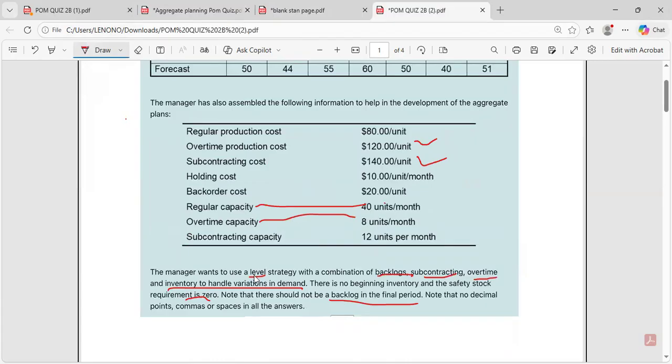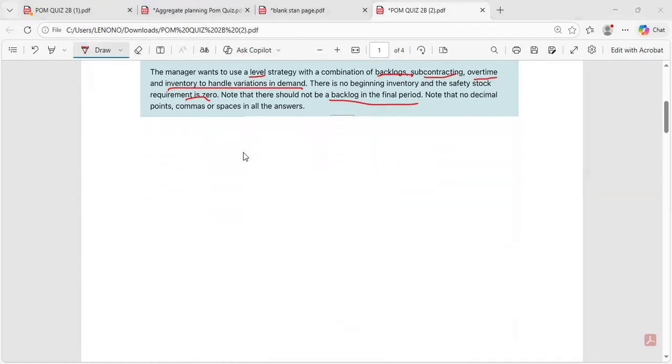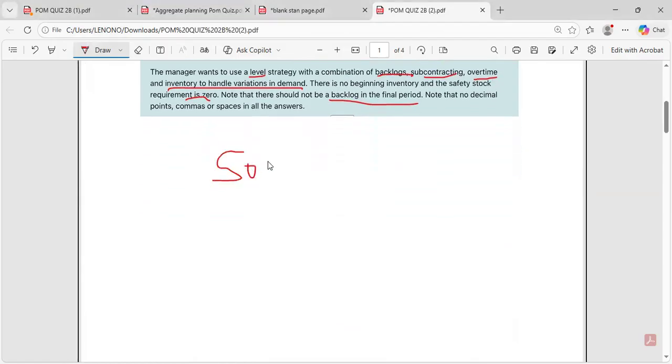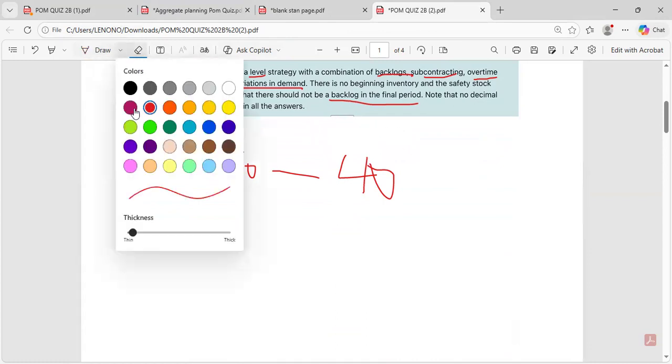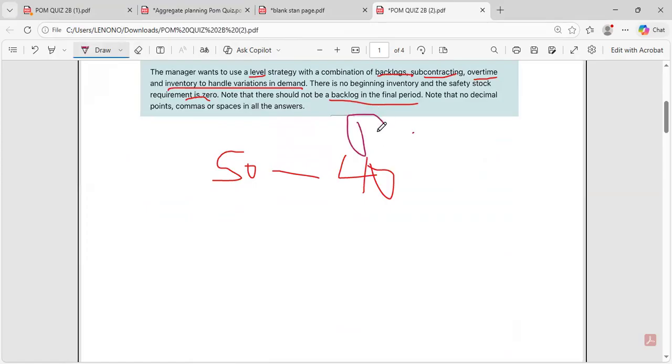So from the total 50 units, 50 minus 40 for regular, minus 8 for overtime, then the 2 would have been for subcontracting per month.